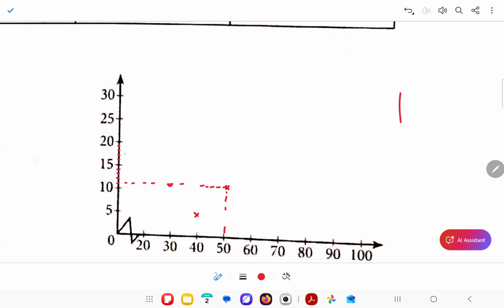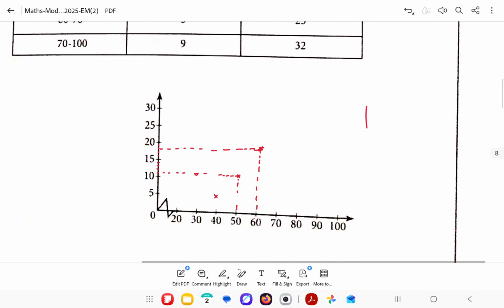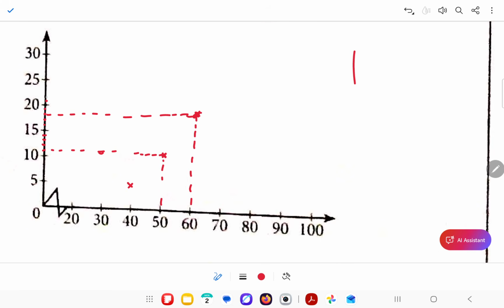So 18. Then at 70, 23. At 70 you want 23.